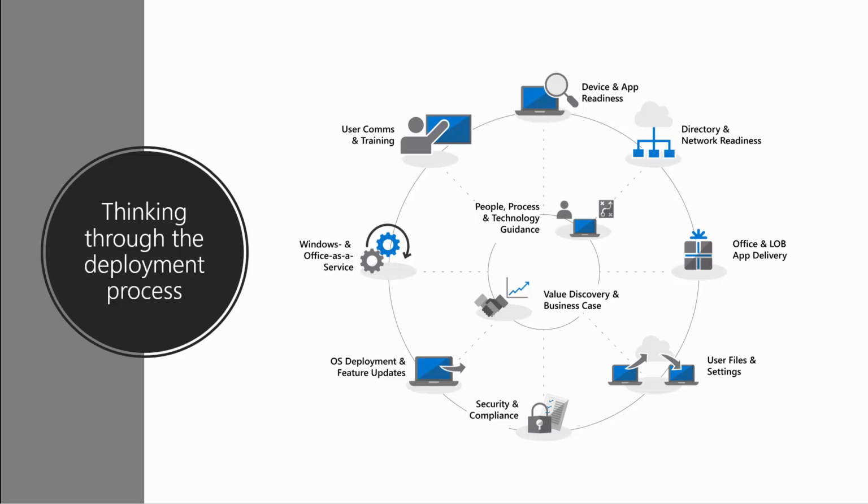So the next step is really about learning, doing what you're doing, kind of attending conferences like Ignite or reading the Desktop Deployment Center online, but really getting kind of a feel for all the different steps that you're going to be doing and really following the external ring of this wheel.